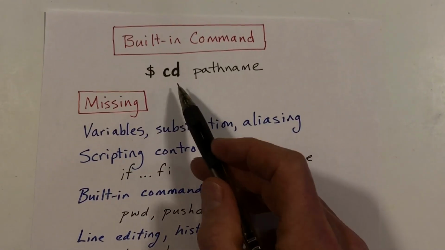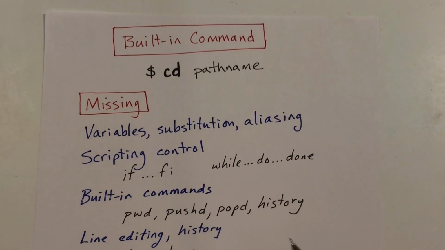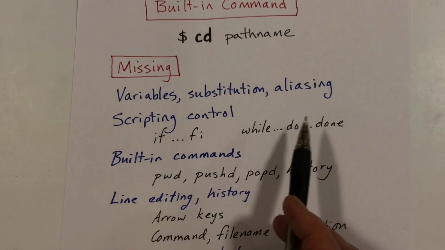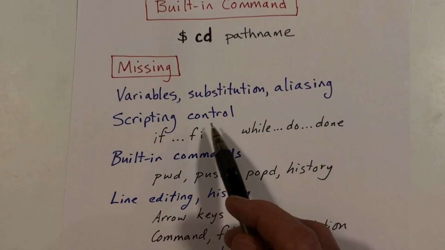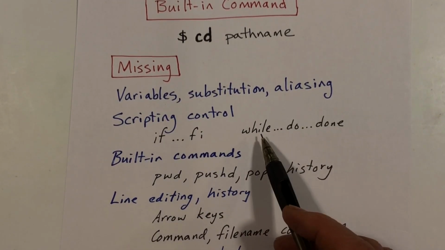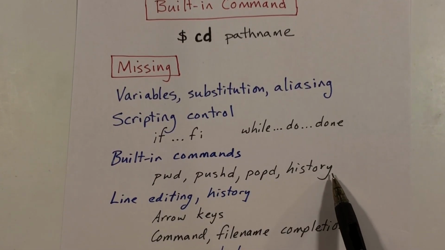There's also a single built-in command, the change directory command. There's a lot of stuff that's missing from this shell. No variables, substitution, or aliasing. You can use this shell program to run shell scripts, but there are no if or while loop constructs. There are a number of useful built-in commands that are missing.